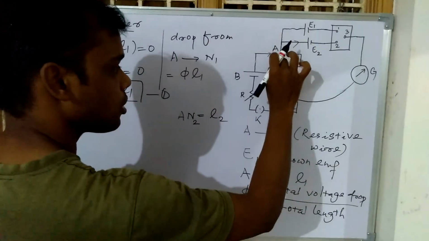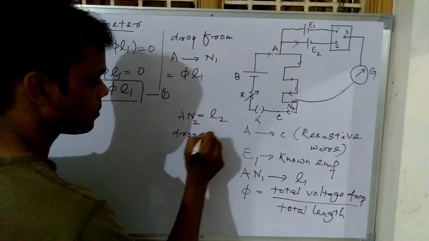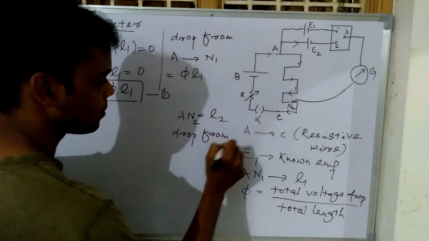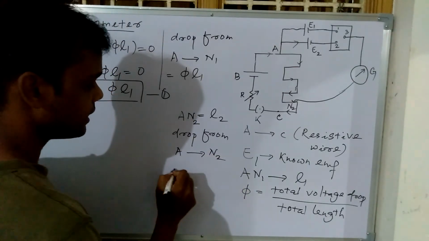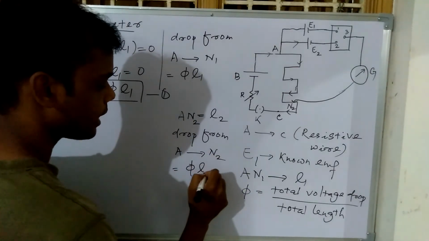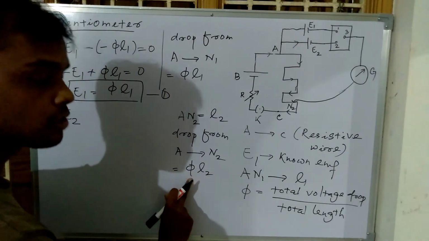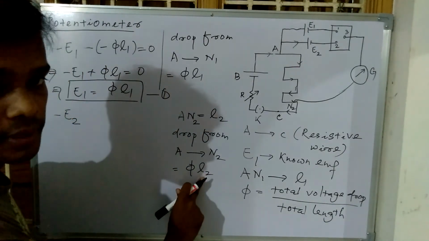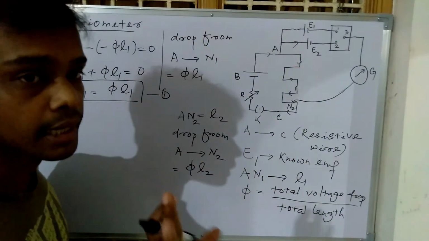Then what is the drop from A to N2? The drop from A to N2 is definitely phi L2, the potential drop per unit length into the length of the element chosen.